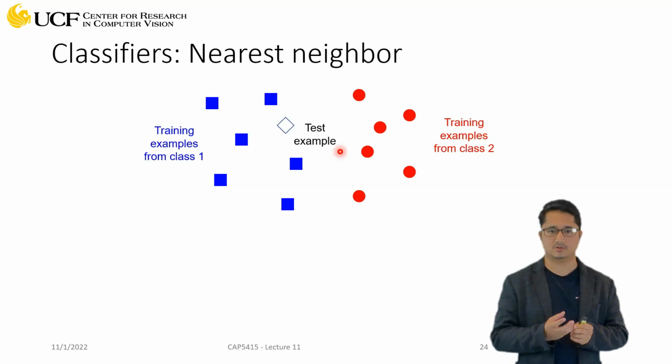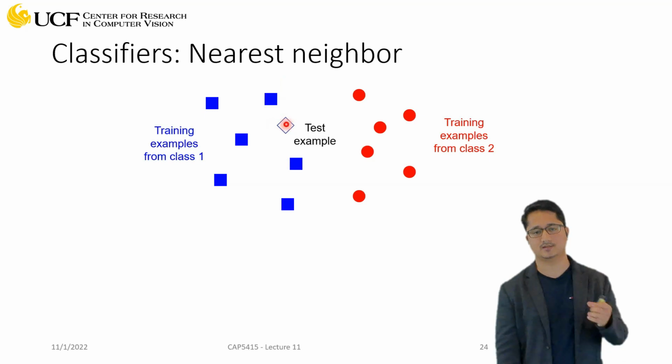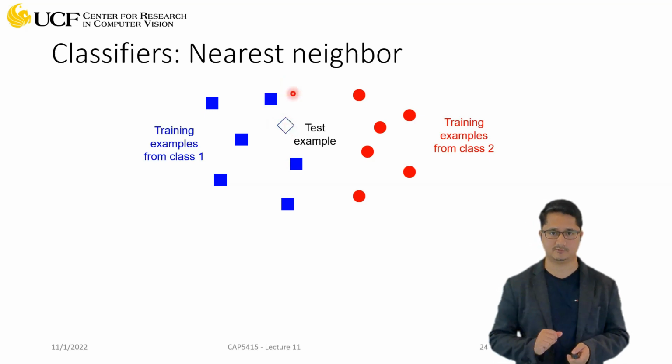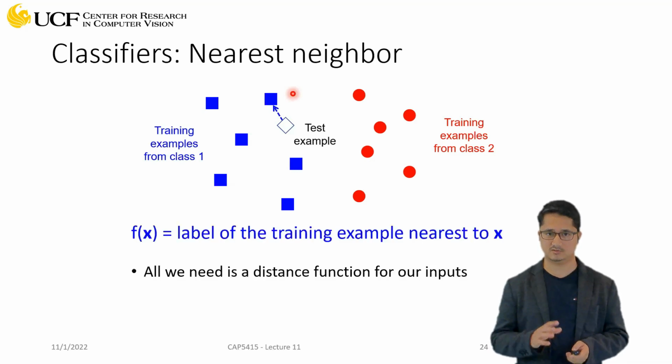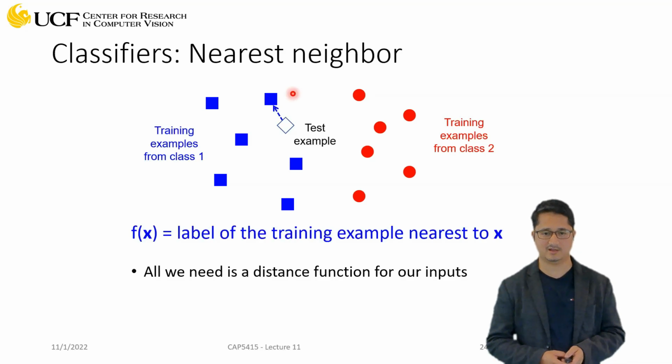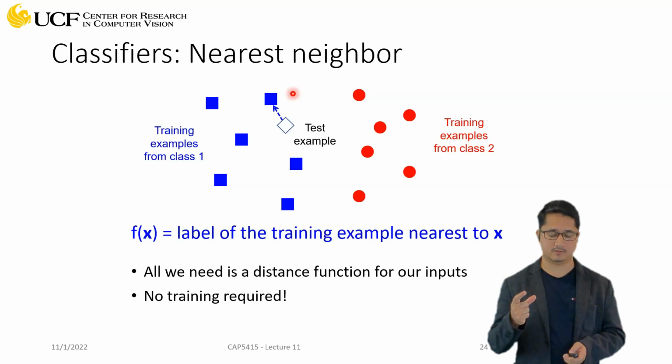So you compute distance in that high dimensional space, pick the sample which is the closest, and assign its class to the test sample, and that's it. That's the nearest neighbor algorithm. As I said, it's pretty simple, and we don't need any training. All we have to do is extract features and compute distances from the test sample to all the training samples.